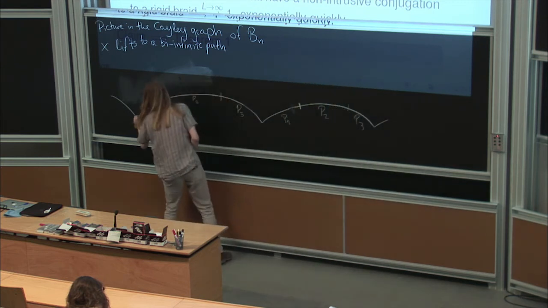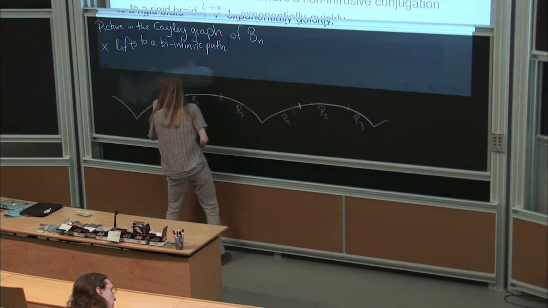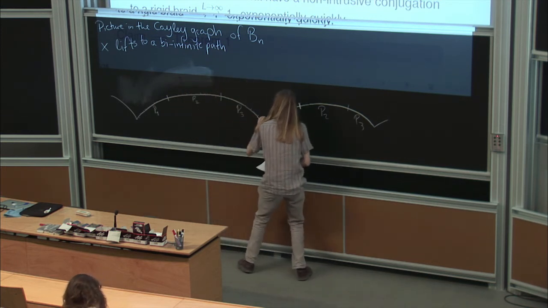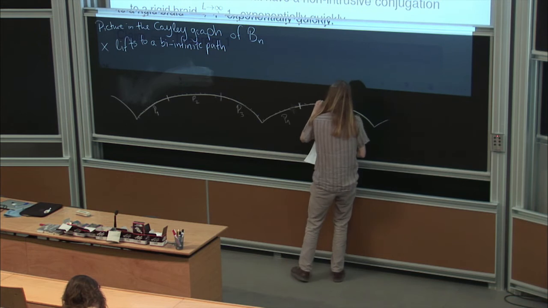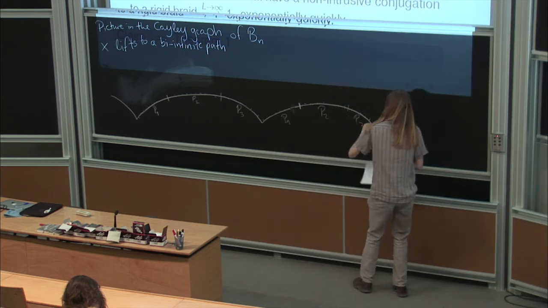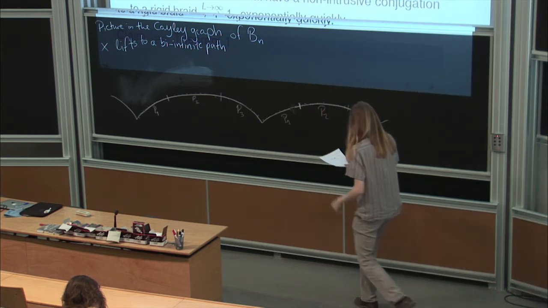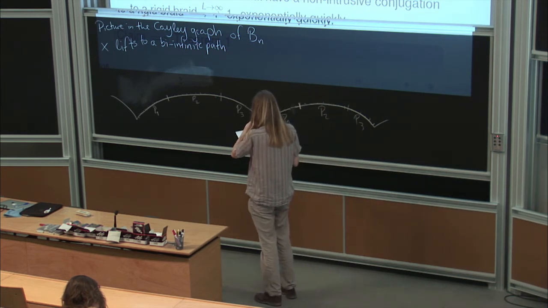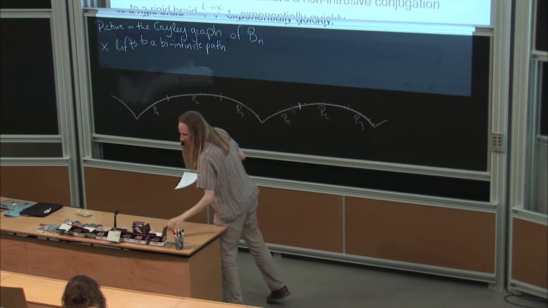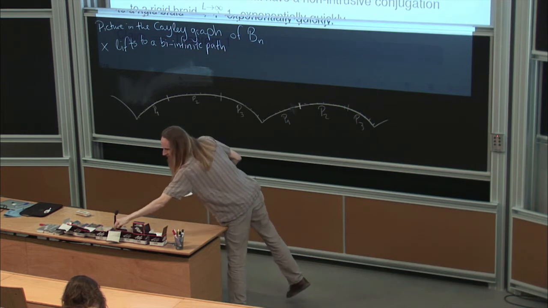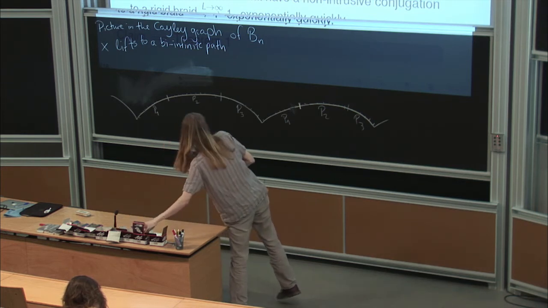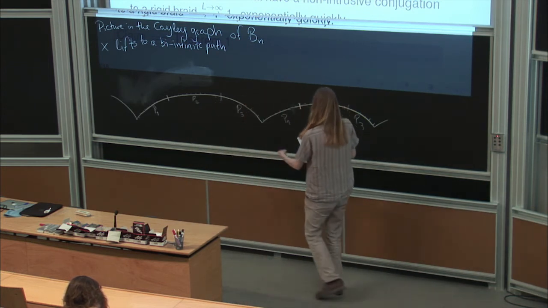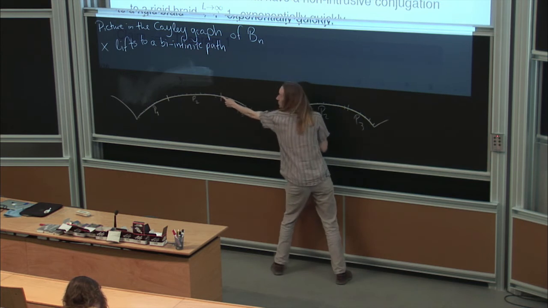So each of them has lots of factors. Now, let us look at the normal form of the braid from here to here.